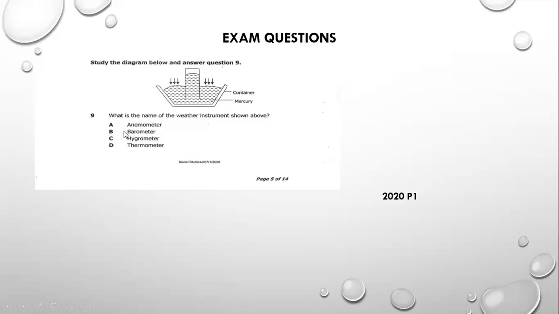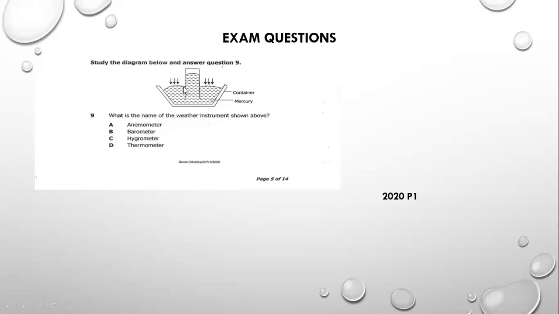A barometer is an instrument that is used to measure atmospheric pressure. So this is exactly how a barometer looks like. And to be specific, this is a mercury barometer. We said there are two types of barometers. We have a mercury barometer and an aneroid barometer.